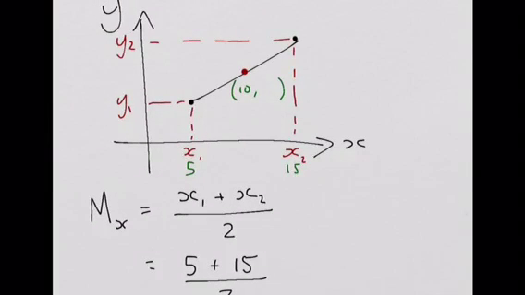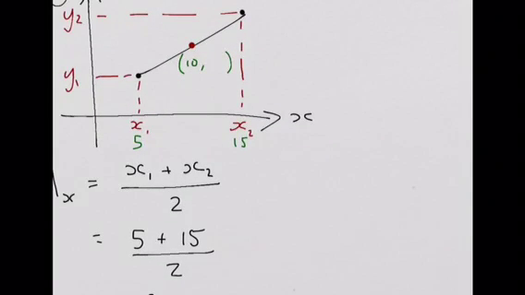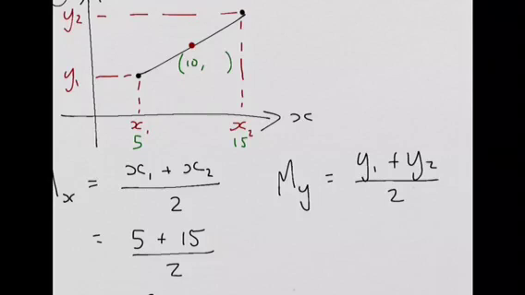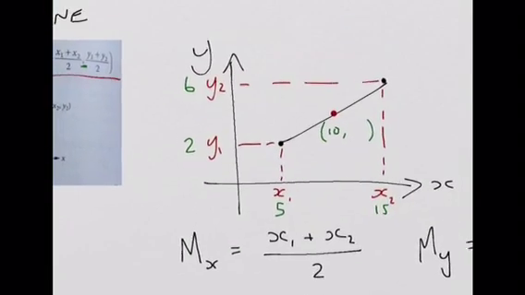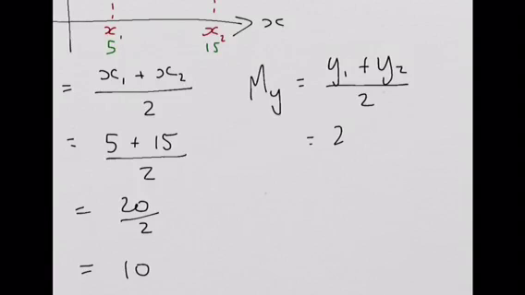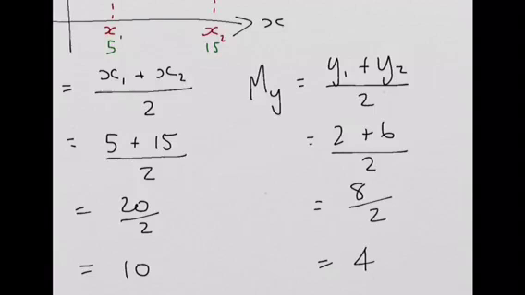Let's just say, for the sake of example, that y2 is equal to 6 and y1 is equal to 2. Well, let's find the y coordinate. So my equals y1 plus y2 over 2. Remember, always write the formula first before substituting anything in. It's good practice. And then that equals, what were our numbers? 2 for y1 plus 6 for y2 over 2, which equals 8 over 2, which equals 4.